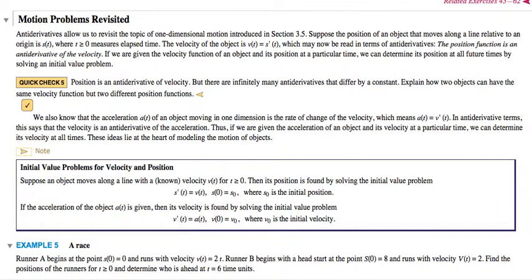This initial value problem allows us to revisit some of the motion problems that we talked about previously.